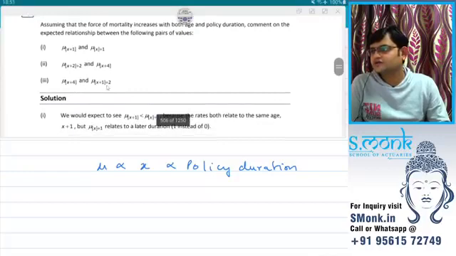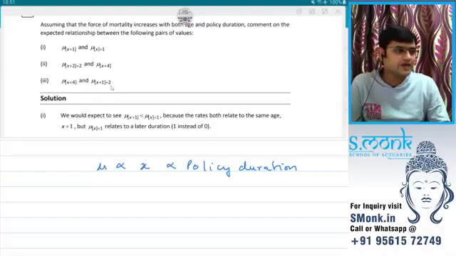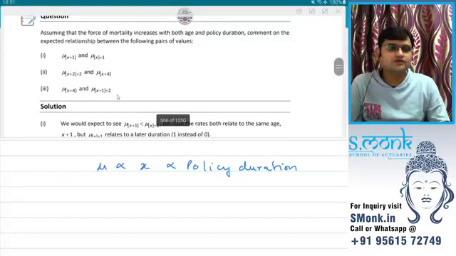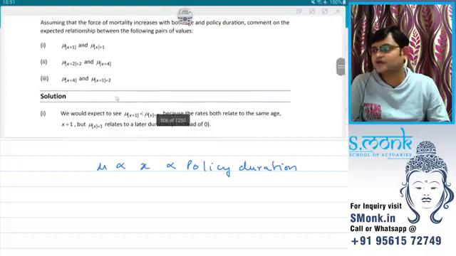Now here we have x plus 4 selected today and x plus 3. First of all, age is higher here. The person has a higher age here, but here policy duration is higher. So it will depend on how much effect each makes and which one will be higher. So we cannot say for certain which one is going to be higher just by looking at this, because this one has a higher age whereas this one has a higher policy duration, right?